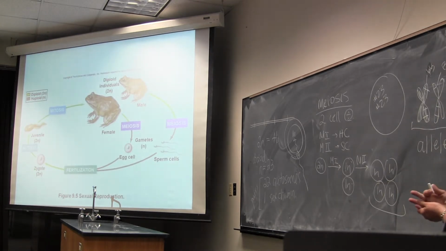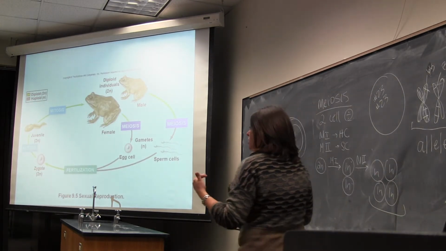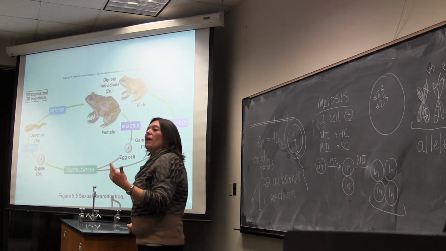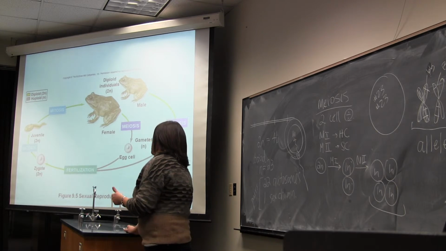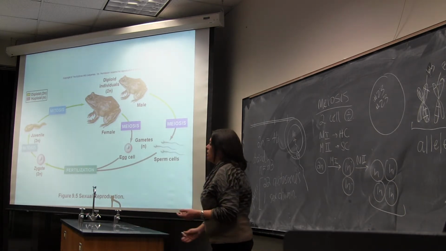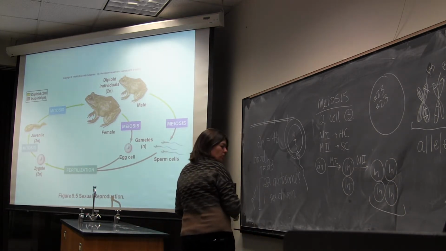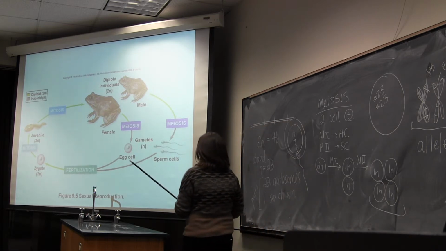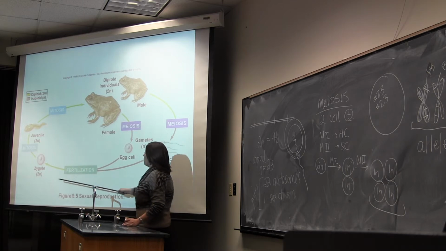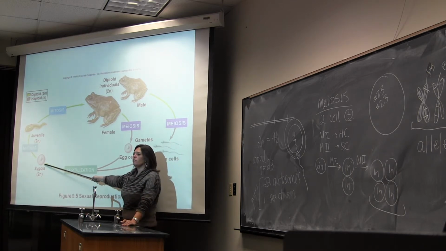Okay, so life often alternates between meiosis and mitosis. This is true not only for humans, but for other organisms as well. And so this kind of goes into the different life cycles that are observed among organisms. When we first started out, we were just one little cell. Right after fertilization, we were diploid.